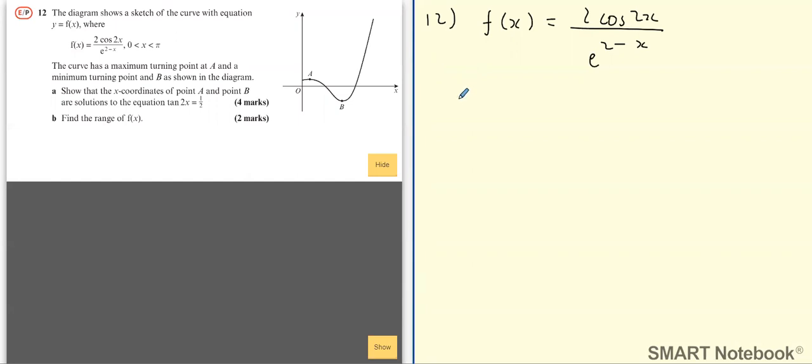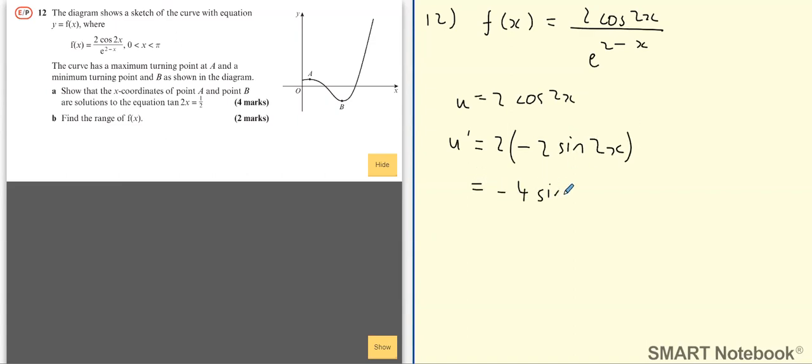if I think about this, my u is going to be 2 cos 2x, and u dash is going to be 2 times the differential of cos 2x, which becomes minus 2 sine 2x. So we get minus 4 sine 2x.